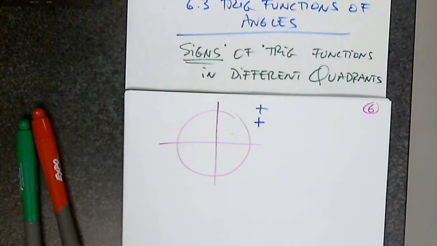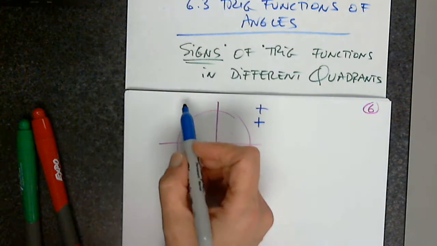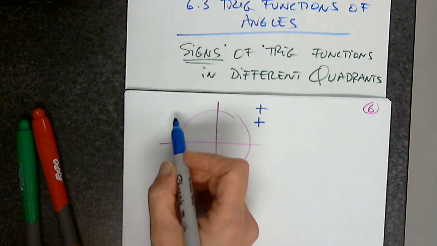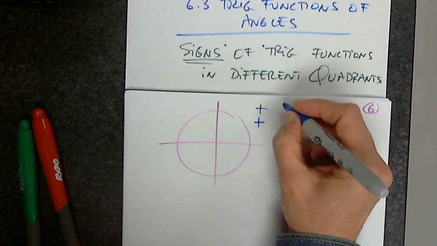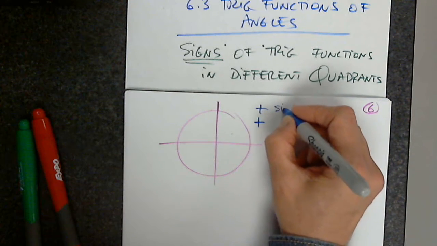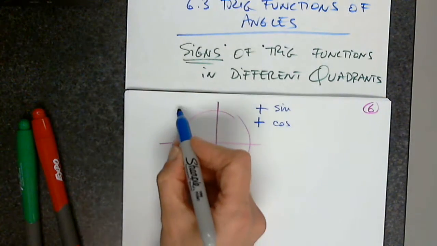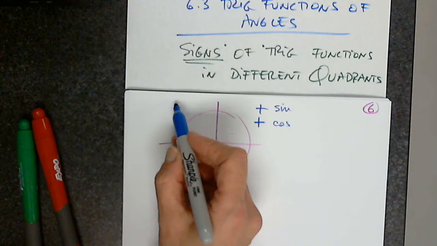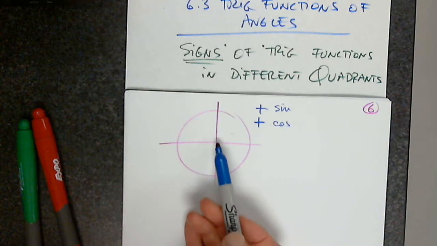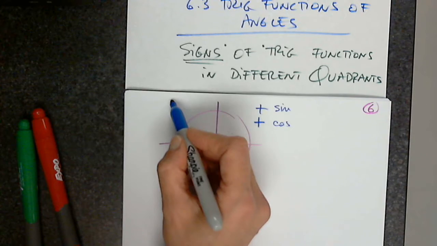What are the signs of x and y? Let's start with x first. So let's identify because it should be clear. Sine, cosine. So sine is first. Sine is measured on the y-axis. Yes, positive.